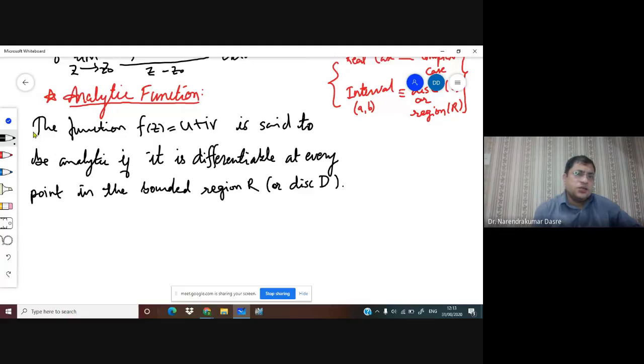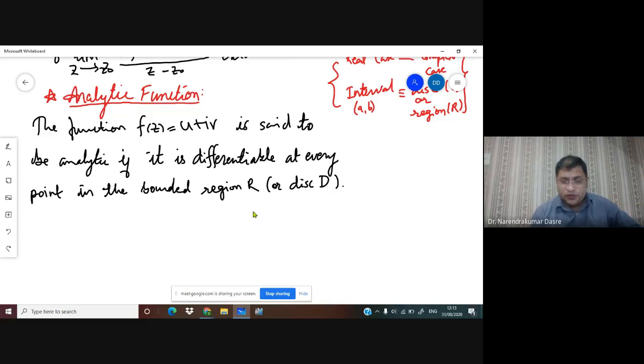So we got the function f of z is going to be analytic if it is differentiable at every point in the bounded region or the disk. Now the question is how I am going to test the differentiability of the function at every point. Because as you have seen, if I draw a disk or a bounded region, there are infinitely many points.